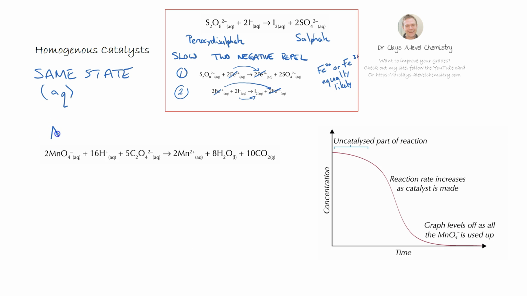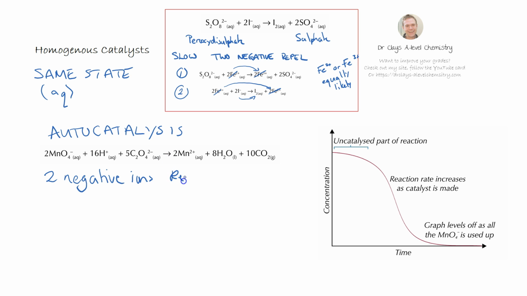The next reaction then that we're asked to look at is the autocatalysis of manganate, MnO4-, with ethanedioate, which is C2O4 2-, and they react to form Mn2+ and CO2. You see here on the right we've also got a graph showing how the rate of reaction changes with time.